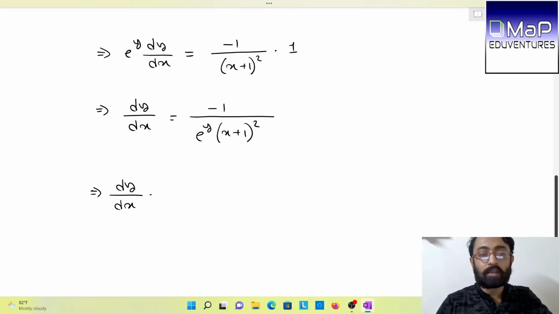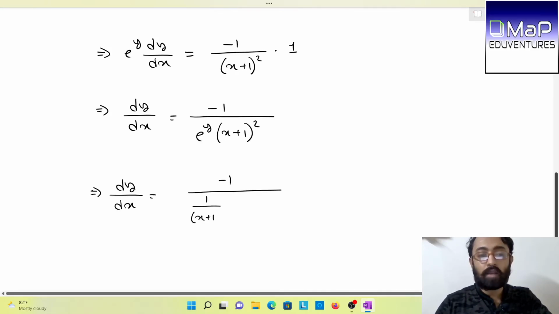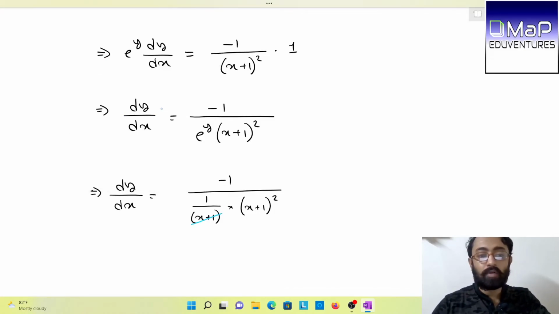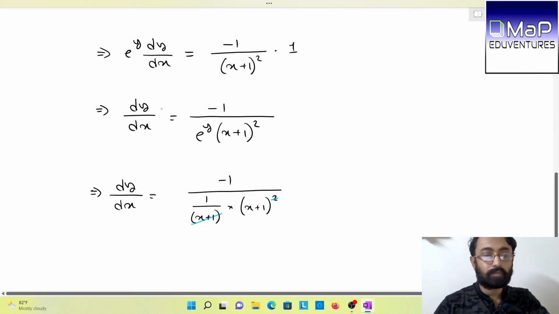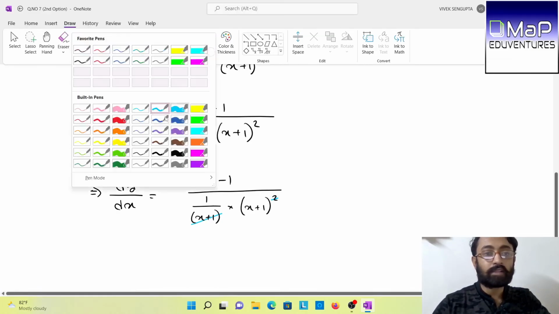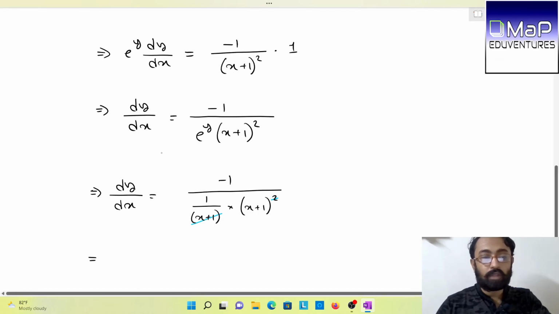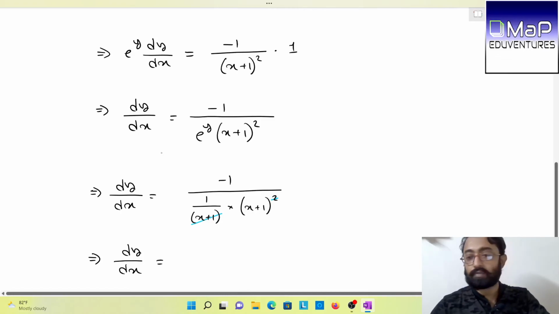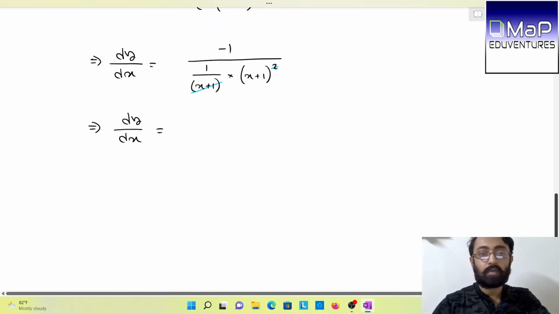So dy by dx equals to minus 1 by, here we get 1 by x plus 1 into x plus 1 whole square. So here we can cancel, and then we will have dy by dx equals to minus 1 by x plus 1.